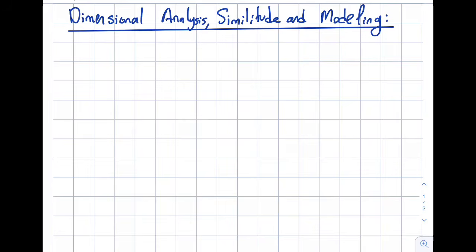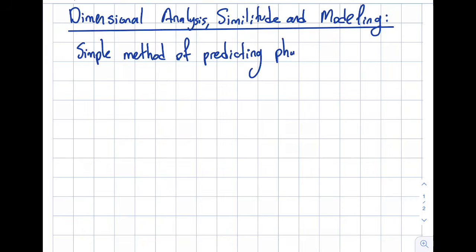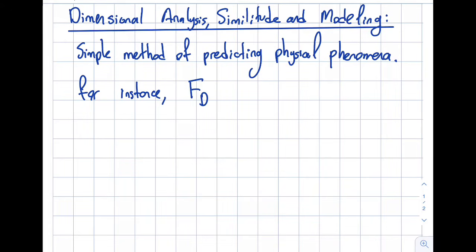So let's start. First of all, this is a simple method of predicting physical phenomena. For instance, if I'm interested in the drag force of an object, Ft typically represents the drag force, and this will be a function of multiple parameters.